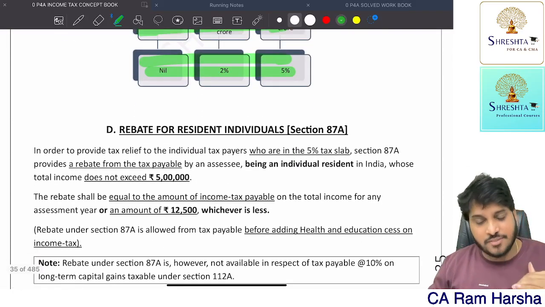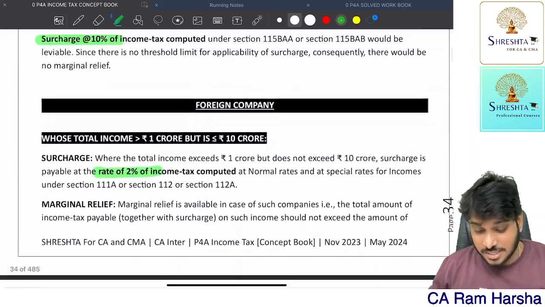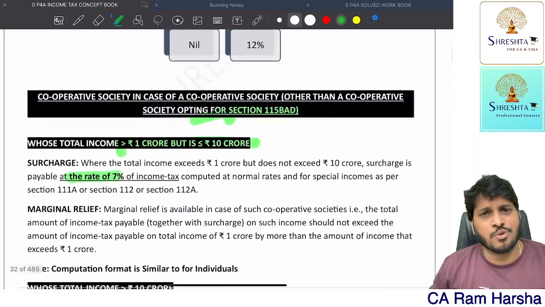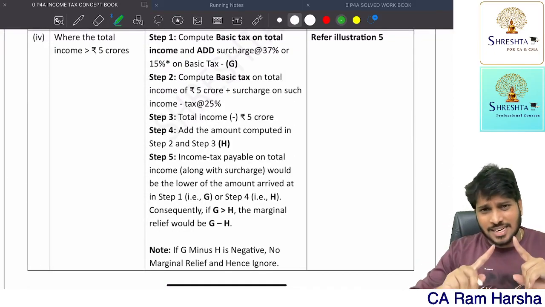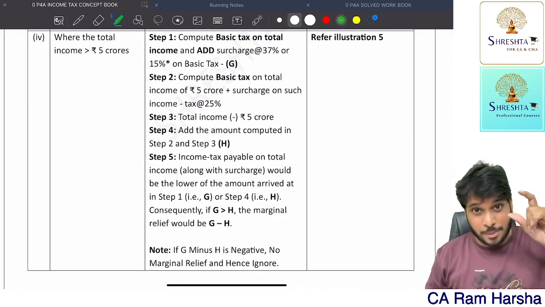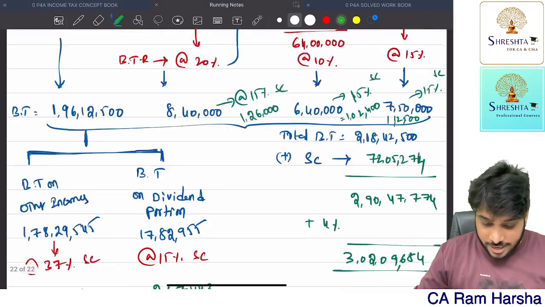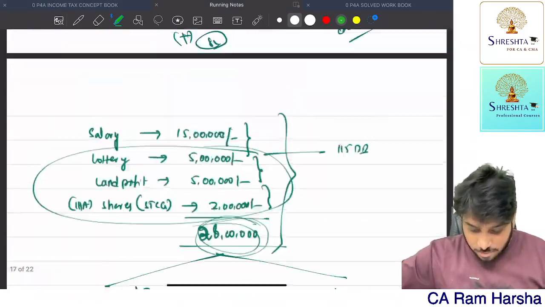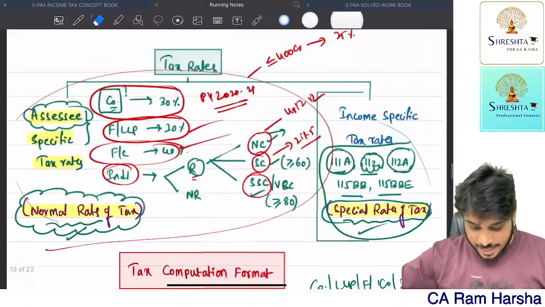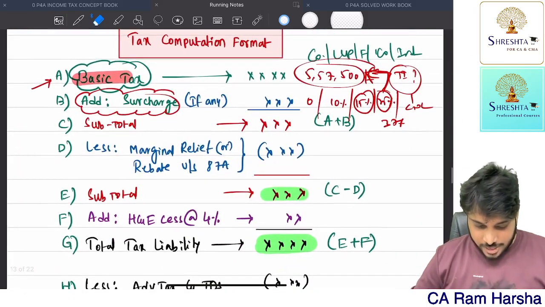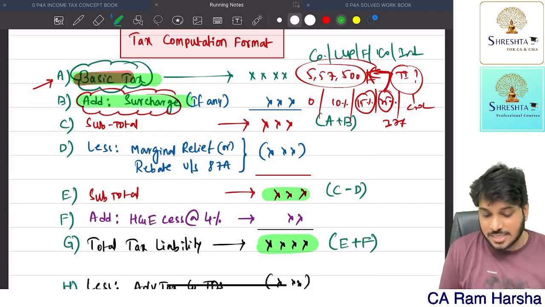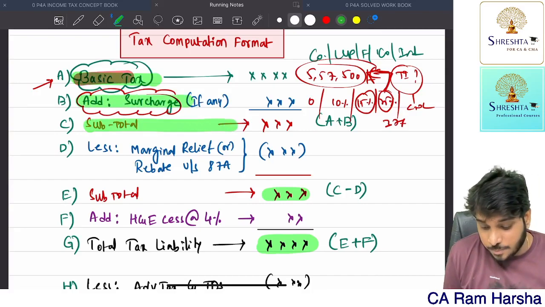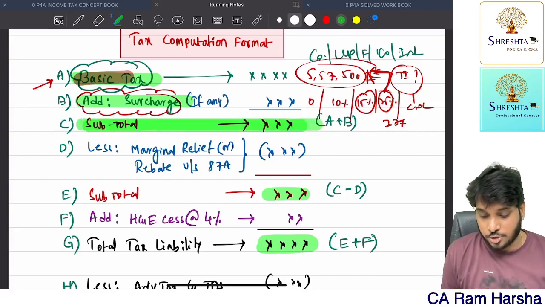Then we have a concept called rebate. But before we discuss rebate, we need to discuss one more thing called marginal relief. Now we understood how to calculate tax when surcharge is there. Coming back to our tax computation format, we have successfully completed basic tax and surcharge, which means we know how to compute up to the subtotal.